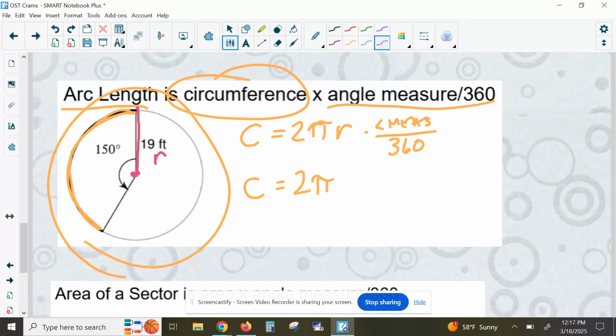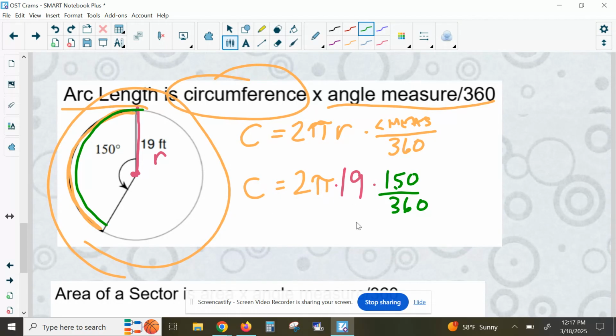So this right here is my R, is 19, times, and I want to know how much of the circle I'm using. So it looks like I'm using 150 degrees of it. So that's 150 degrees out of 360. I recommend you just put all the numbers in your calculator first.